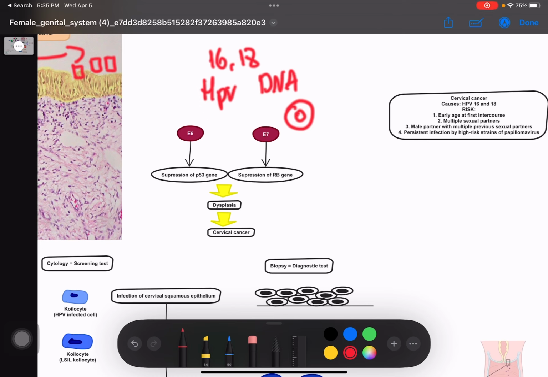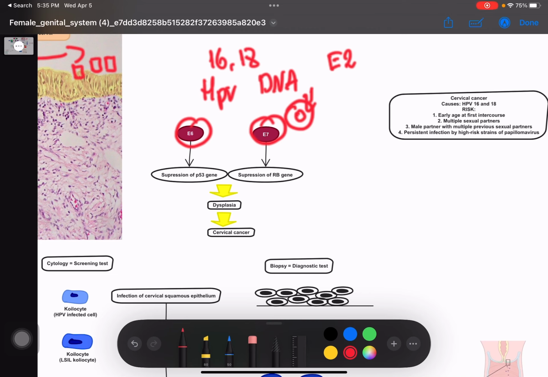When it gets integrated, there is loss of function of the E2 protein, which is a negative regulator of E6 and E7 proteins. Those two proteins are the ones responsible for oncogenesis of this virus.